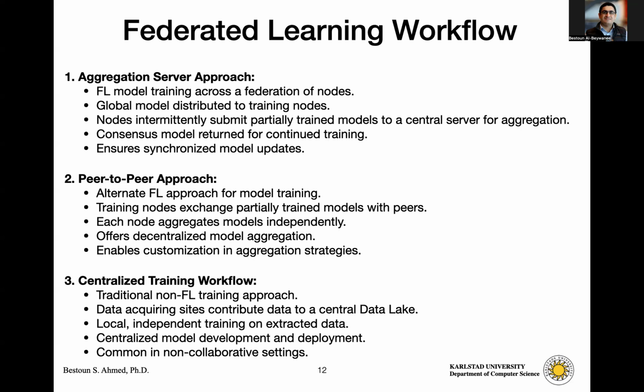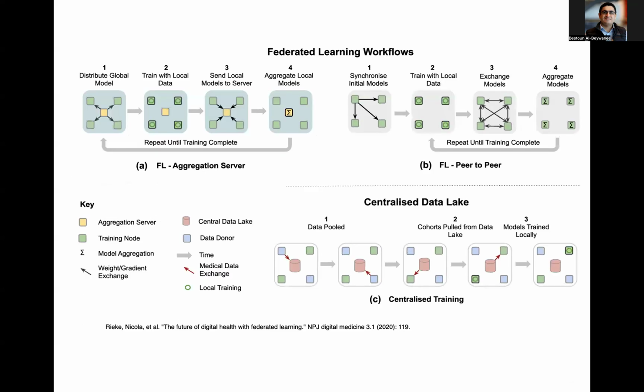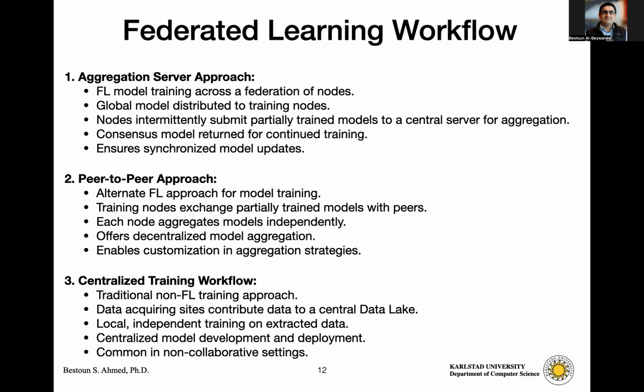Let's say that we have the aggregation server, where you have the central module, like here in the top left. That is the central model, and this central model, the yellow one, is a server. We call it the aggregation server. Information is distributed globally to the local servers. The local models are trained, and you have this global and local.